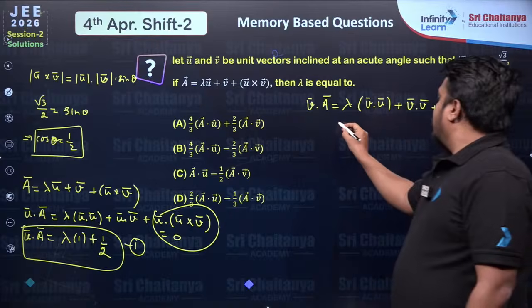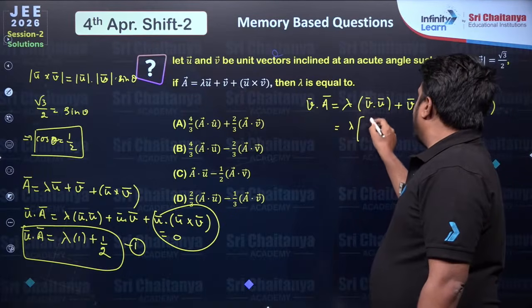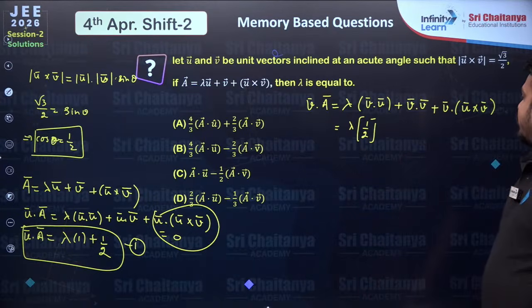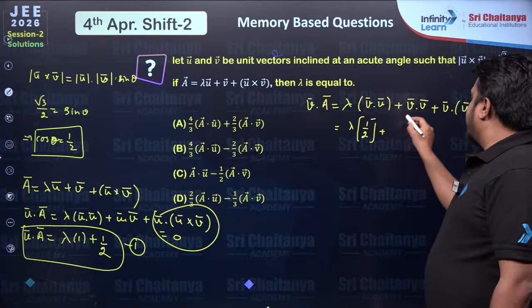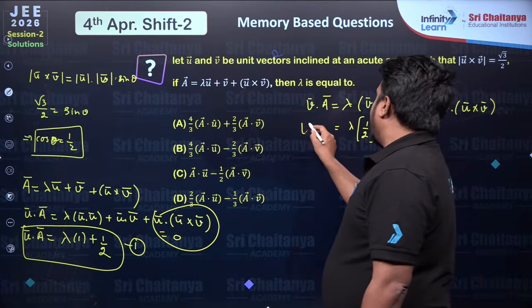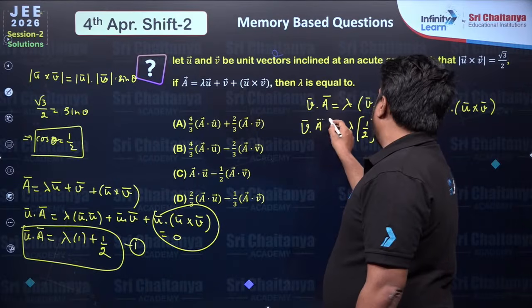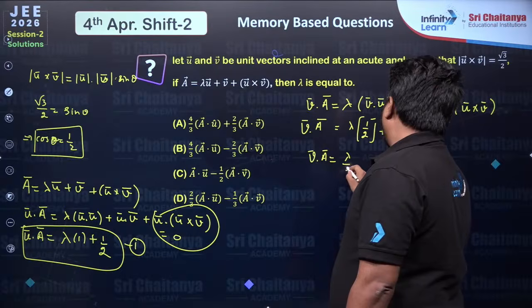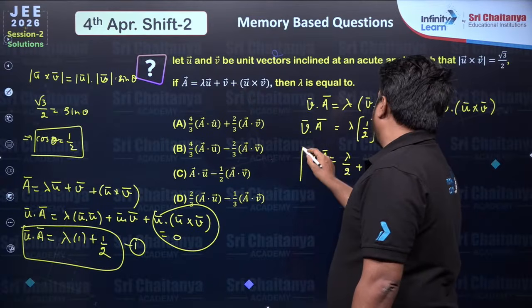Now this v bar dot u bar, as we already know, will be 1 by 2, plus v bar dot v bar will be 1, plus this will be 0. So what I am having here, v bar dot a bar is equal to lambda by 2 plus 1, right?